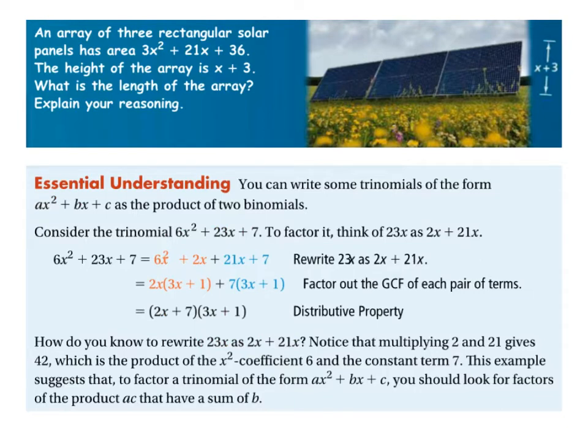Well, notice this. We're going to take this leading number, that a, that coefficient in the front, 6, and this constant at the end, 7. 6 times 7 is 42.